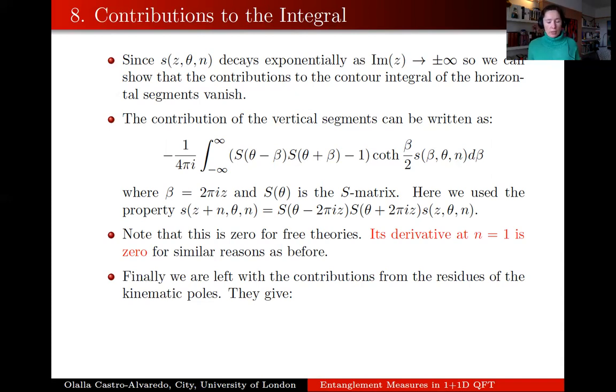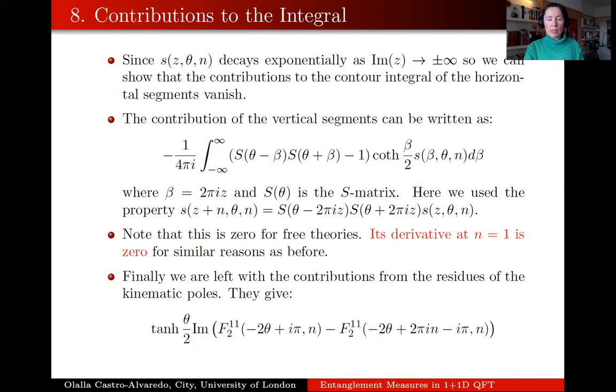Since we are focusing on von Neumann, we can now say the contour itself gives no contribution. We managed to forget about horizontal segments, and we argued that the vertical segments also do not contribute. So what are we left with? What is left now really are the poles in the complex plane, the blue crosses in my picture.